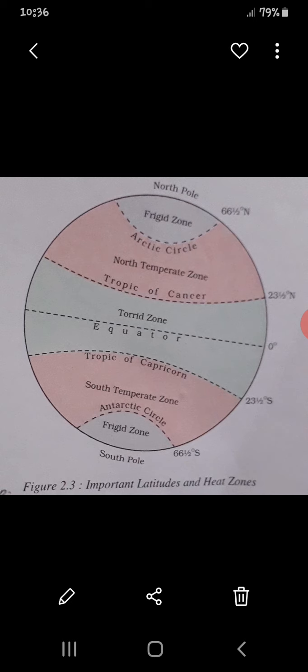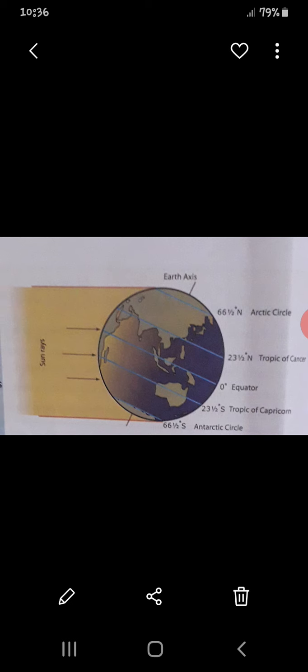Then you have the heat zones or temperate zones. You can see that in the diagram. Just pay attention to the diagram. You have the sun's rays coming and the earth is tilted. Due to the tilted nature of the earth's axis, you can see the earth spinning on the axis.